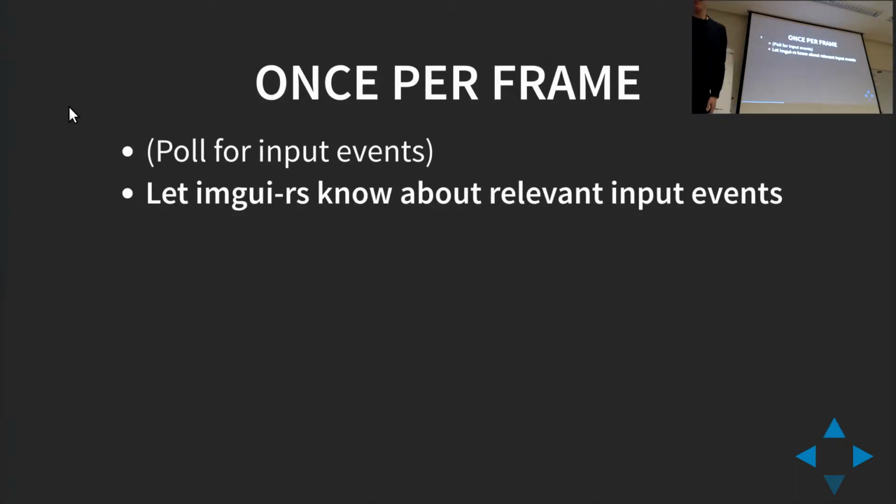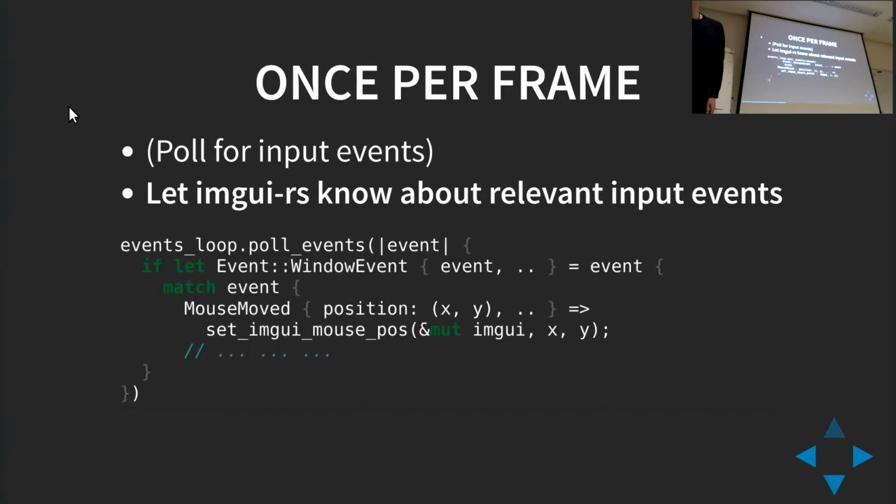And IMGUI-RS needs to know about some input events. For example, keyboard events, mouse events. So for example, in here, we are handling this mouse move event. In practice, this would be a much bigger match expression because you will have all the event types.